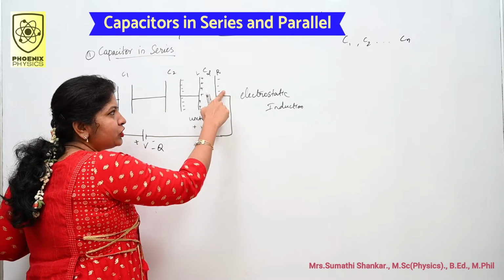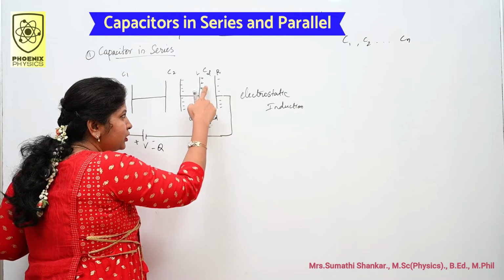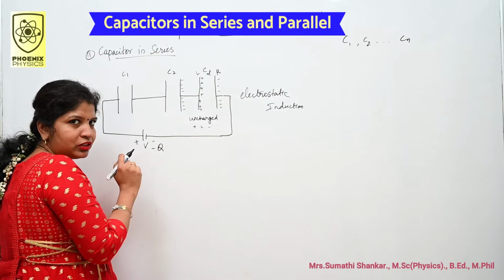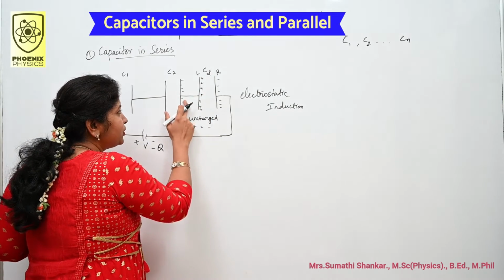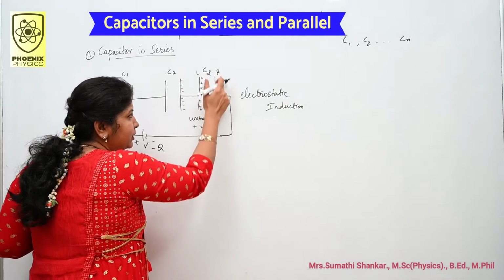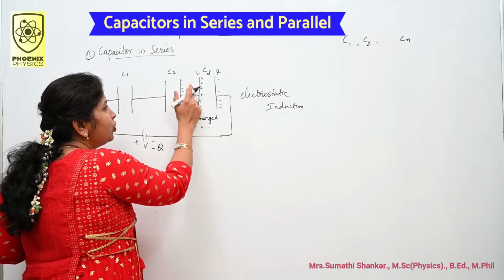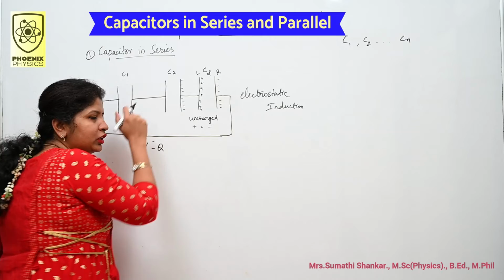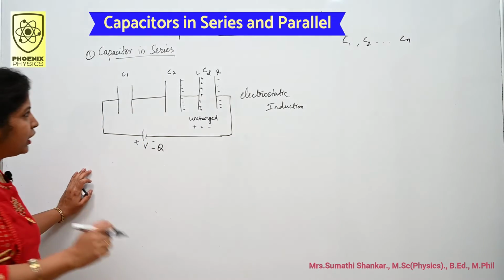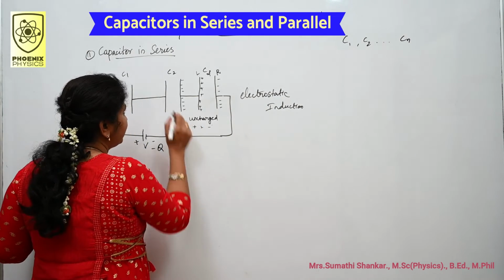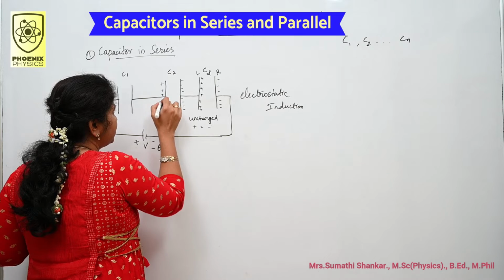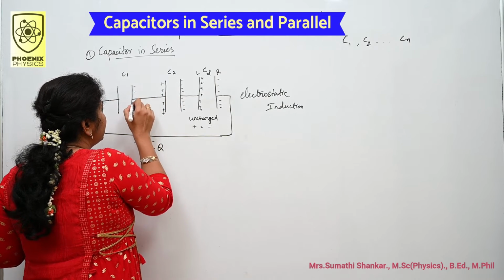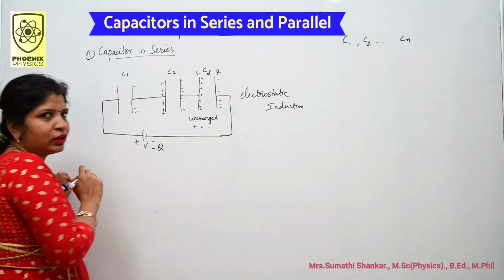Due to electrostatic induction, positive charges are induced on the left side plate of the C3 capacitor and the negative charges, repelled by these charges, are arranged on the right side plate of the C2 capacitor. Again, due to electrostatic induction, positive charges are induced here, negative charges are pushed to the right side plate of the C1 capacitor.